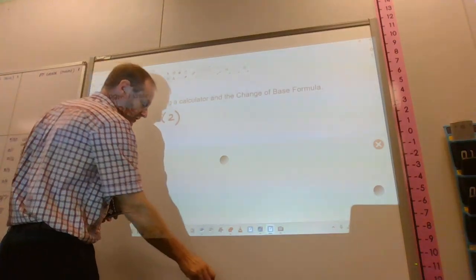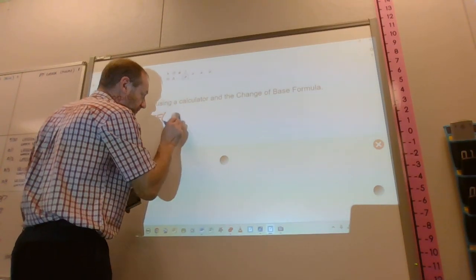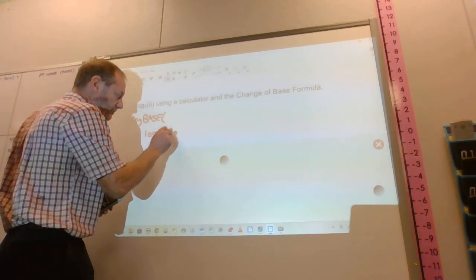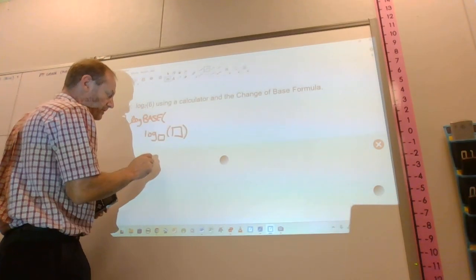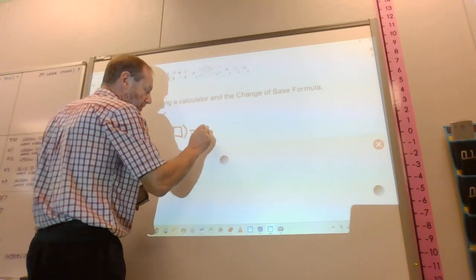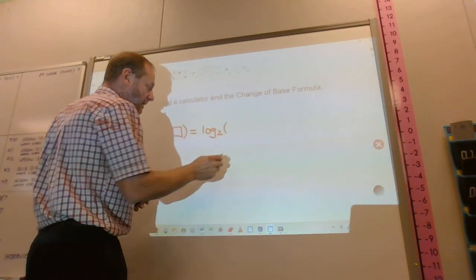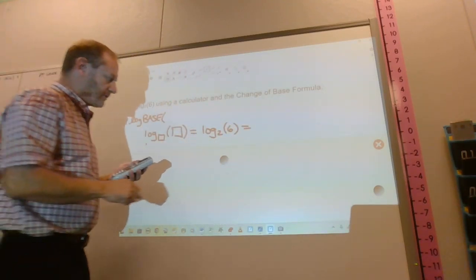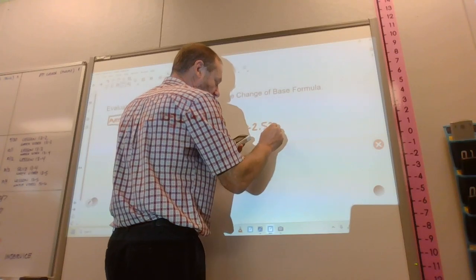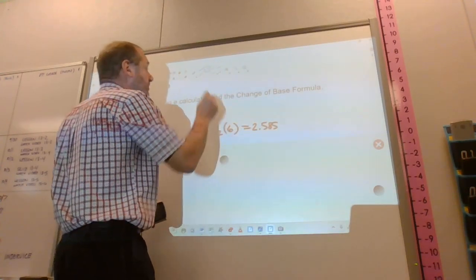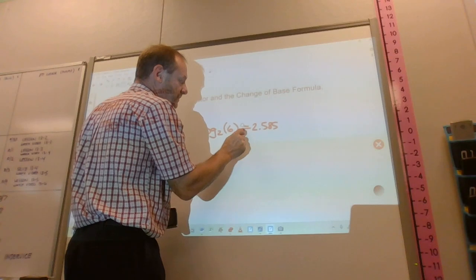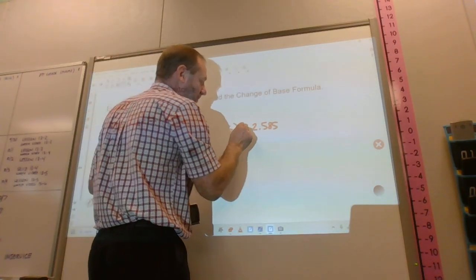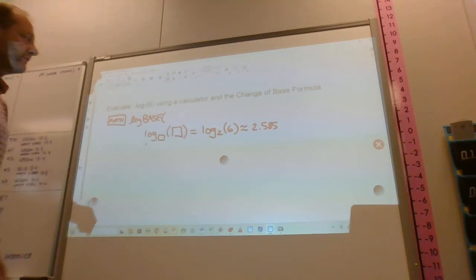What it's going to show me on my calculator is log, square, bigger square. So I'm going to put a 2 down here, and then in here I'm going to put my 6, and hit enter. And I'm going to get 2.585. Now, this should be approximately equal to, because again, this is an irrational number. I can't really write it down. But that's close enough.